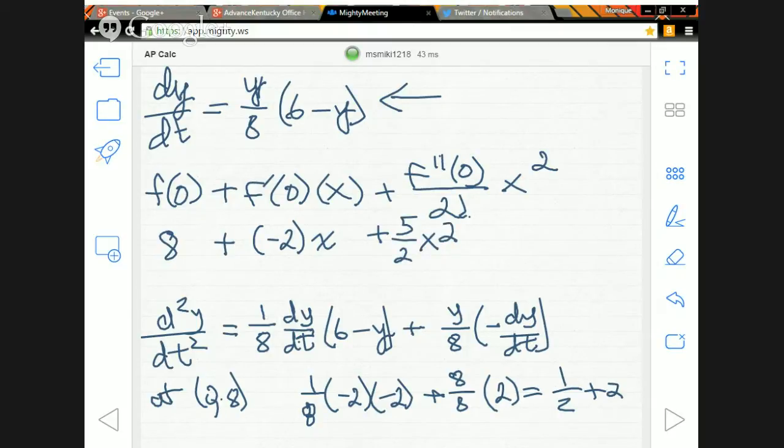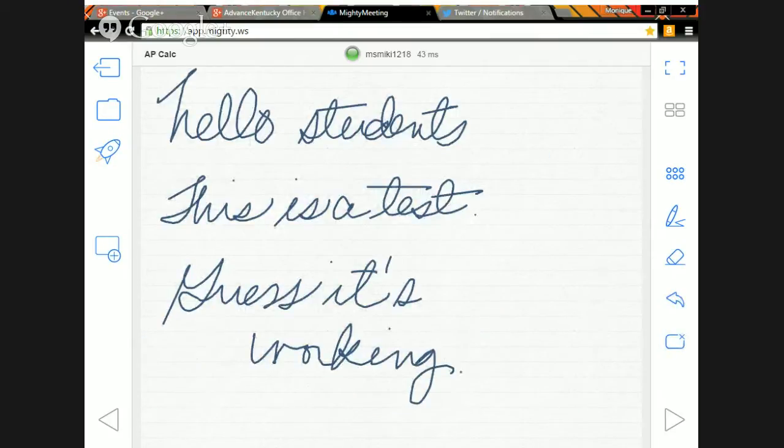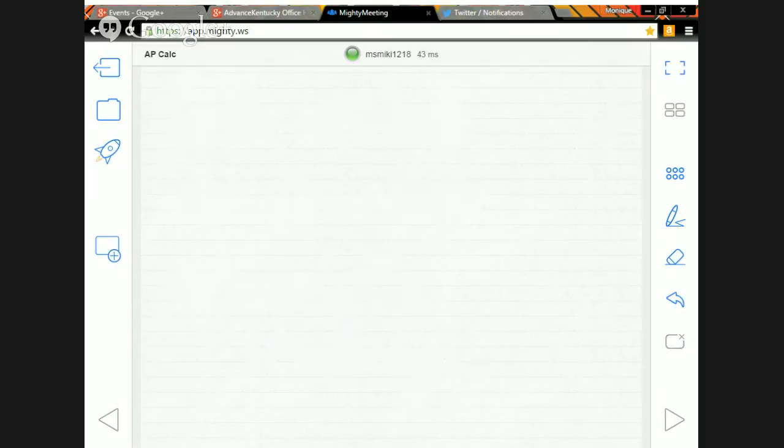So here is my Taylor polynomial right here. To use it to approximate f of 1, I'm going to substitute 1 in for x in this expression. So, 8 minus 2 times 1 plus 5/2 times 1, because 1 squared is 1.